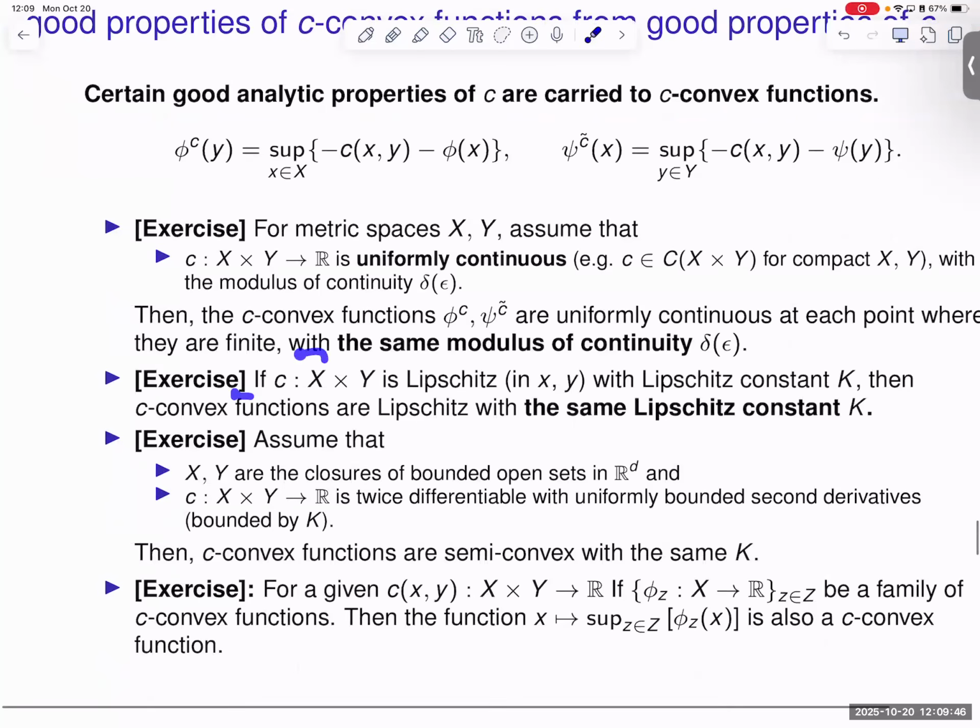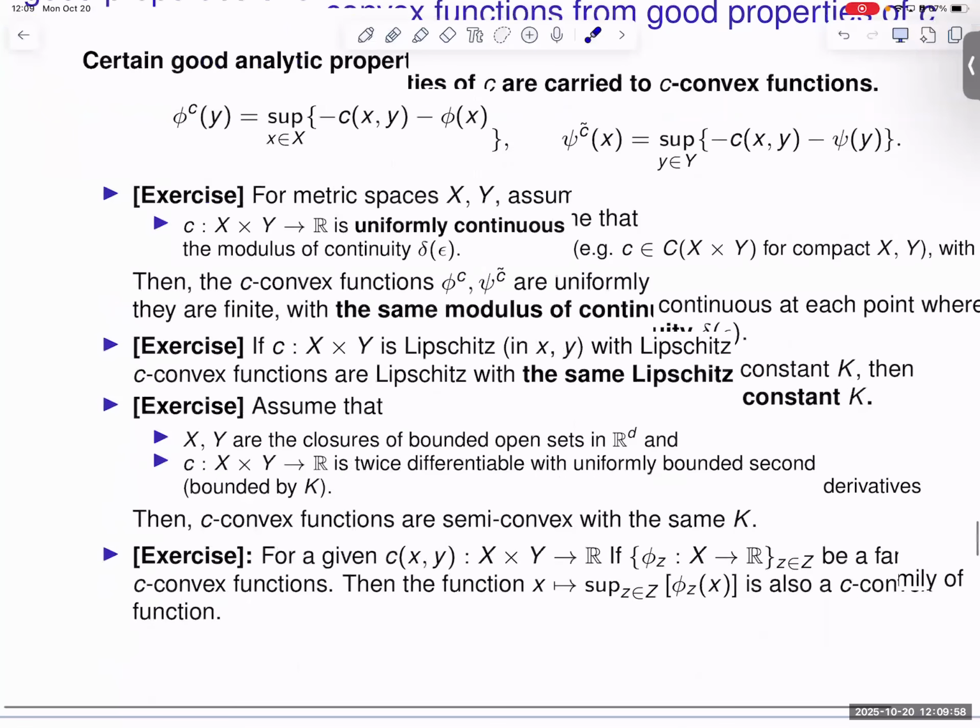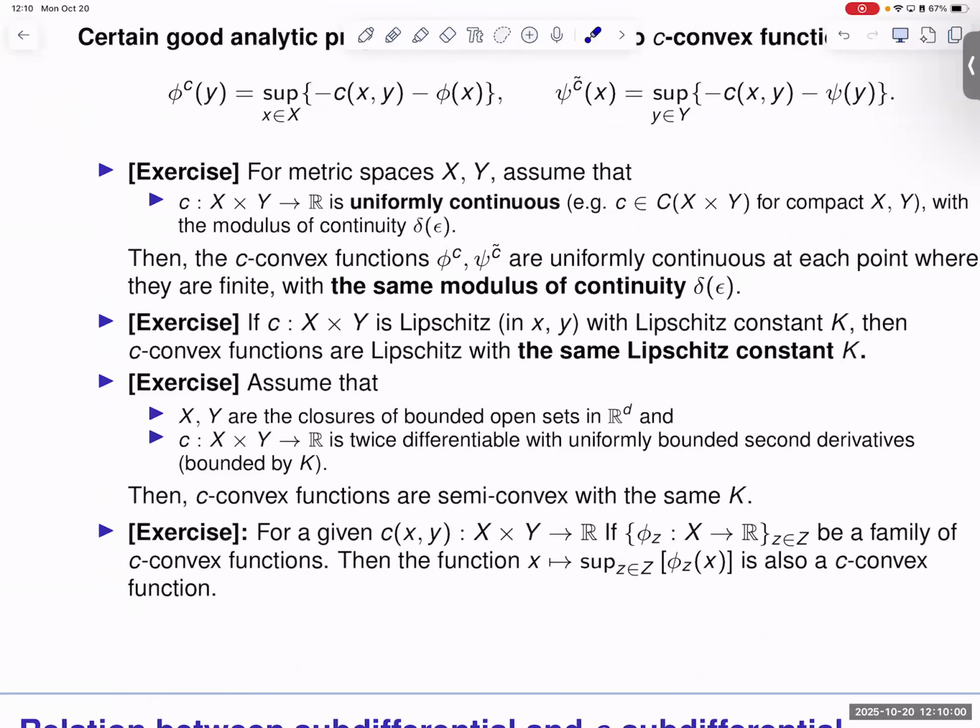Also, if the cost function is Lipschitz with some Lipschitz constant k, then any corresponding C-convex function is Lipschitz with Lipschitz constant k. And I think we also considered a semi-convex function. Do you remember what semi-convex function was?